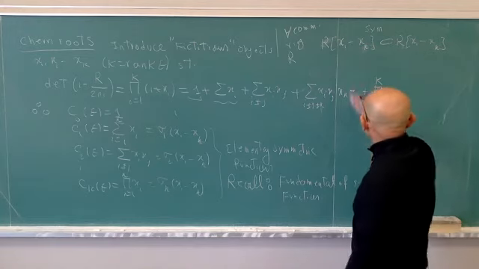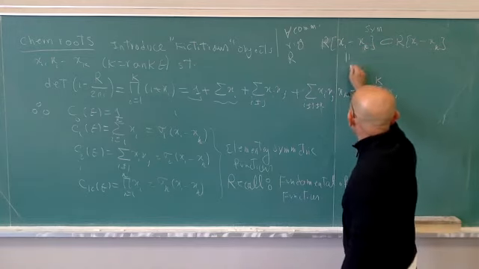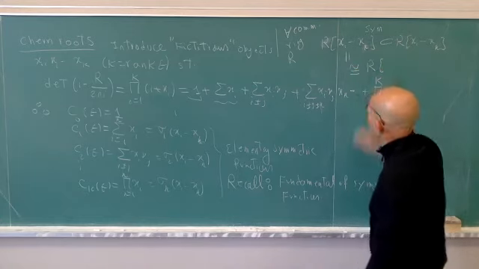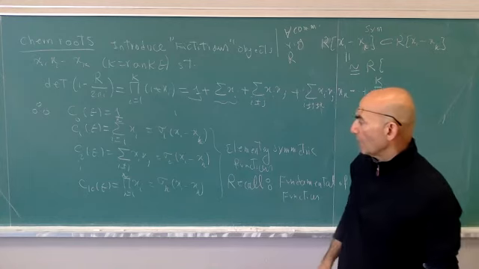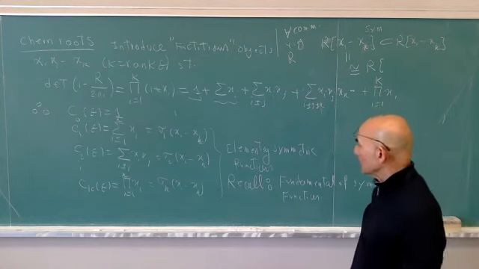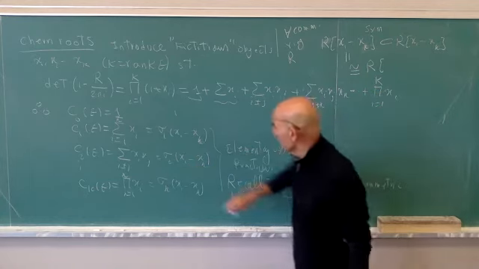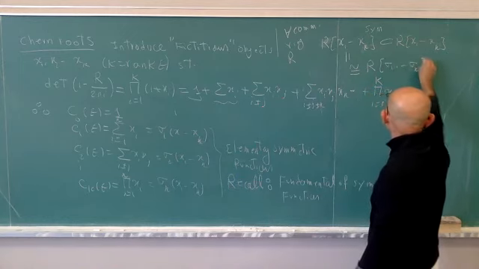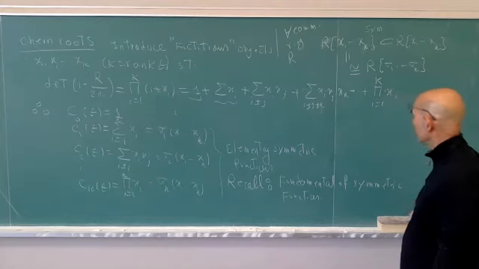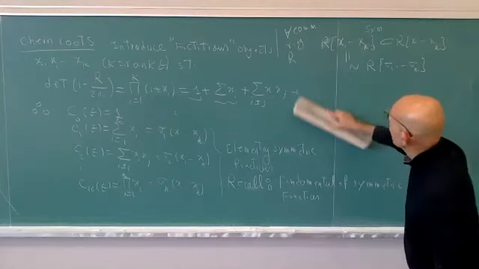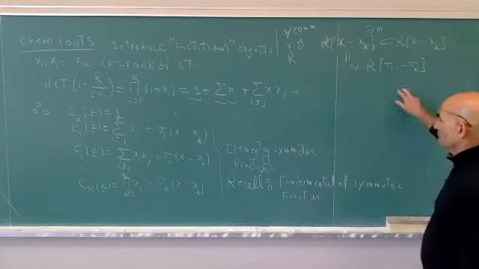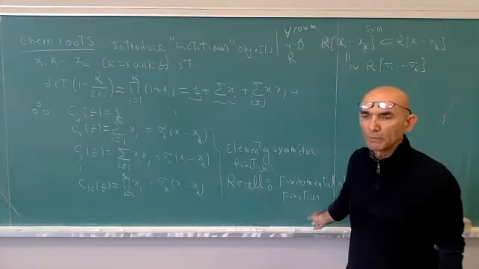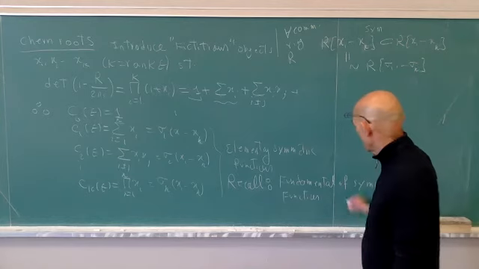This ring is actually isomorphic to the ring, again, of polynomials in n variables, but in sigma 1 through sigma k. These are the elementary symmetric functions, right? So this is the fundamental theorem. This was essentially proved by Newton.